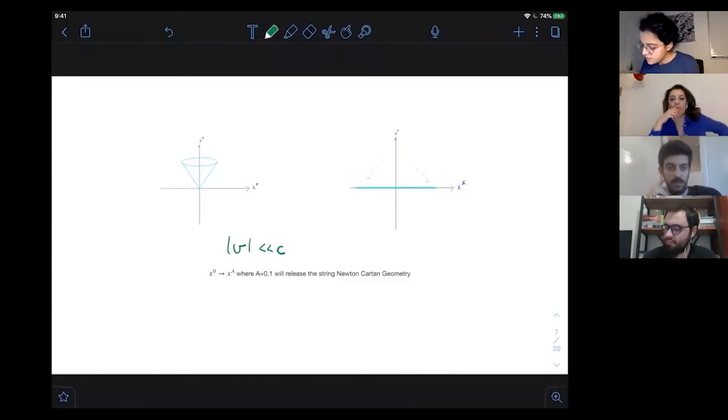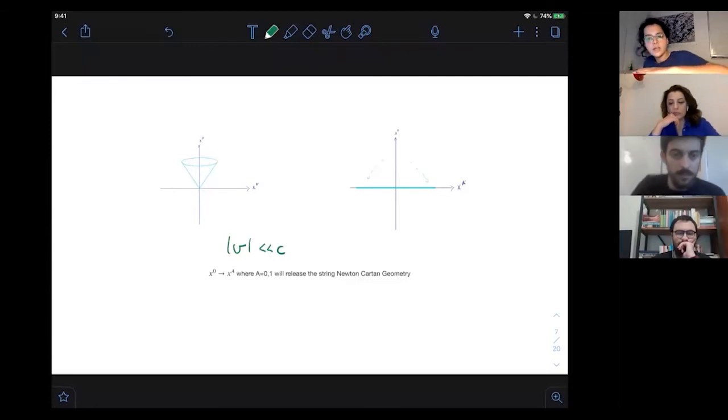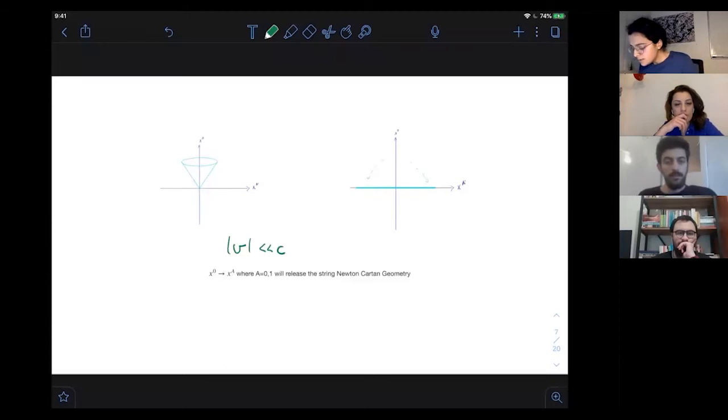But first, let's have a look at this light cone. What happens when I take the limit? Basically, that opens up the light cone, because having instantaneous interactions means that in the light cone you have a horizontal line. And if you want to extend this idea to extended objects, then you have a worldsheet instead of a worldline.